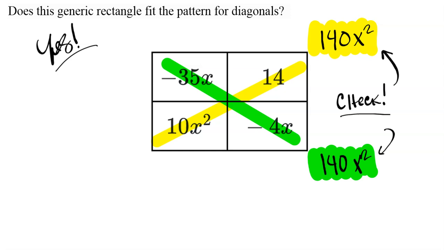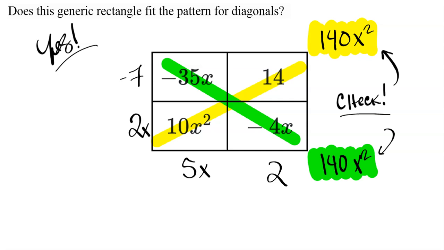So if we look at this, what we can get to is we need to have a 7. We got 7, and then we got 2, and that gets us our 14. And then if we go 5 times the 7, we get our 35. And then if we go 2 times the 5, we get 10. We need an x, and we need an x. And then let's see.